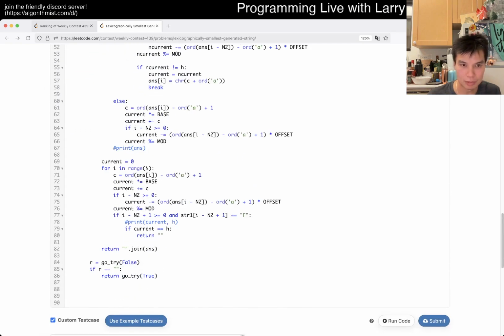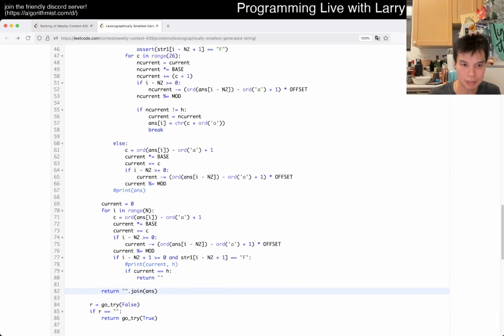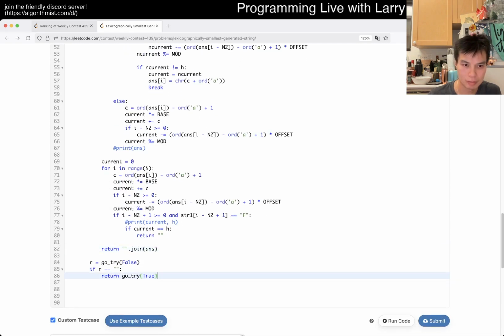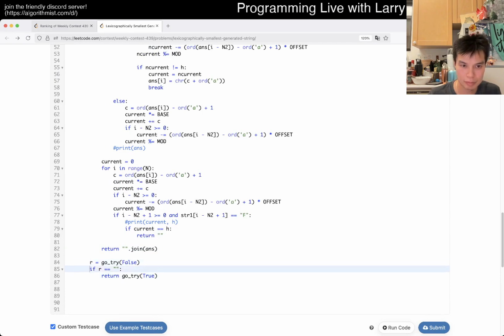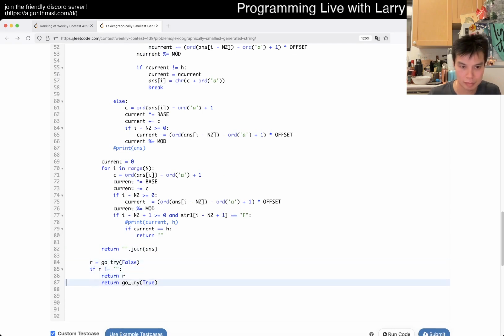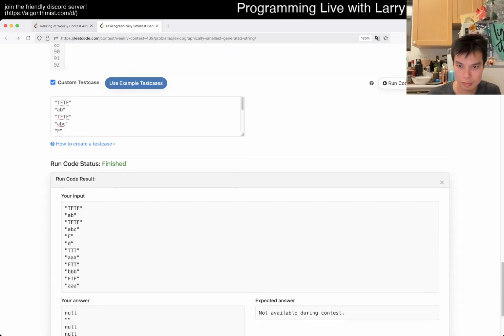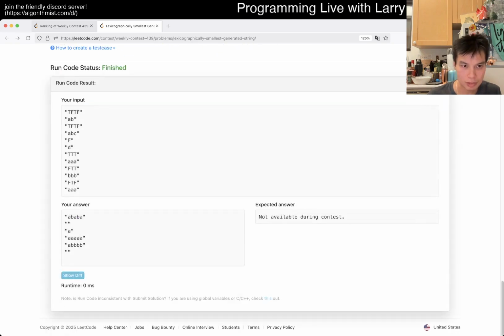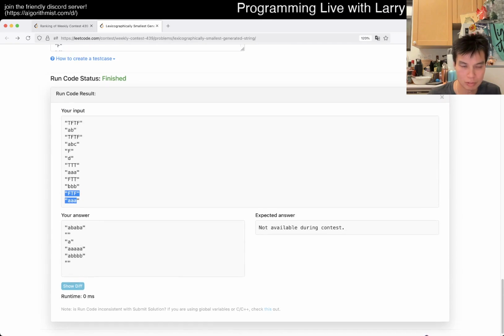Though returning no is probably not intended. Oh. Also, this is still wrong. Why is it still wrong?